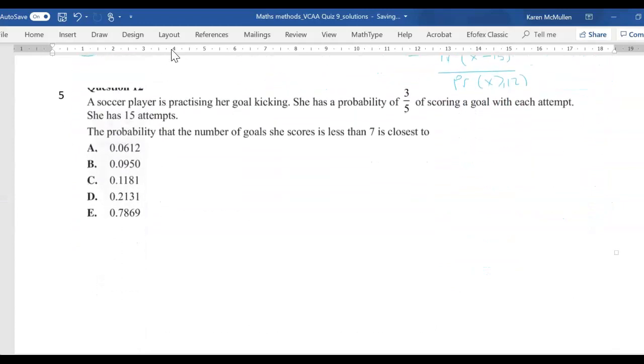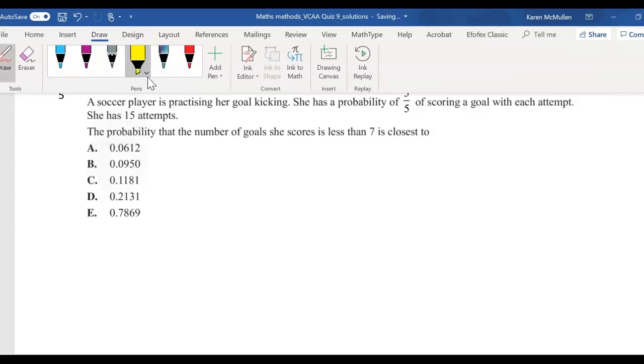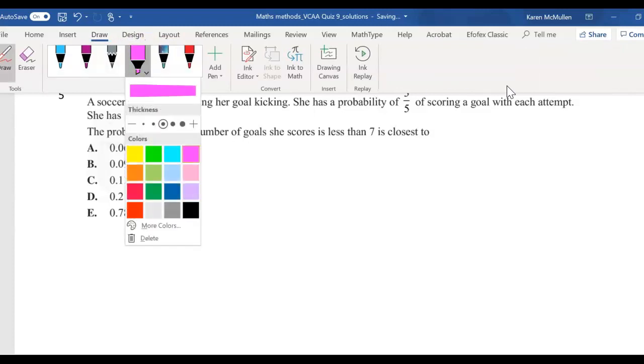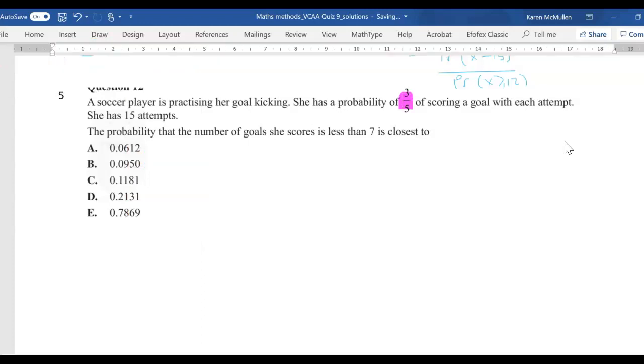So let's get my highlighter. A soccer player is practicing her goal kicking. She has a probability of 3/5 of scoring a goal with each attempt. She has 15 attempts. The probability that the number of goals she scores is less than 7.